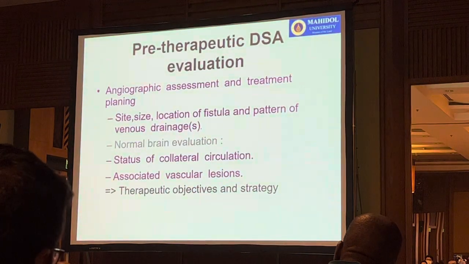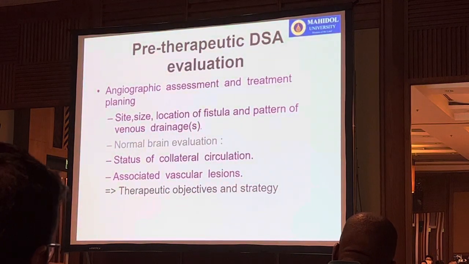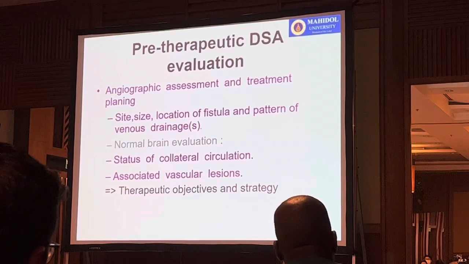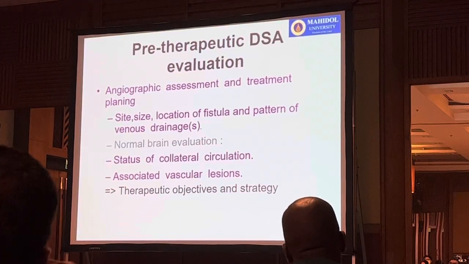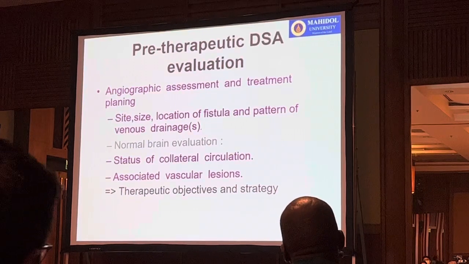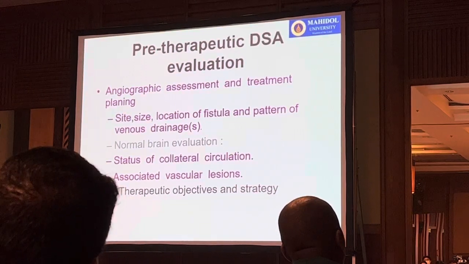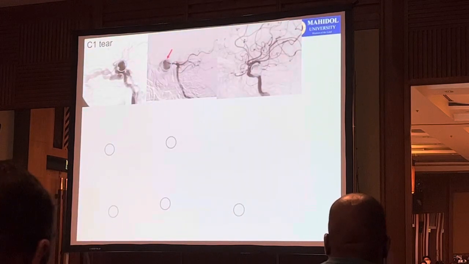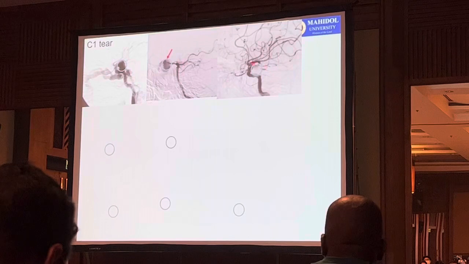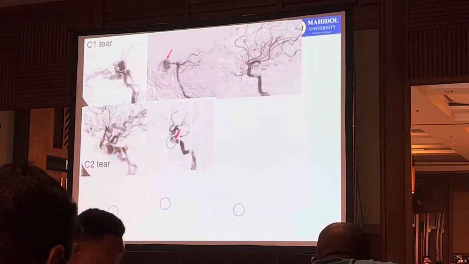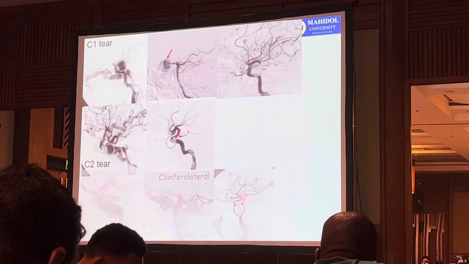But again, do you think you can use non-invasive imaging to check how many fistulas you have, which side the fistulas are on? This is the important thing that you need to see, and I doubt that angiogram is still the answer for this. The location, you can have from the very high, we call here C1 location tear, to C2, probably there.